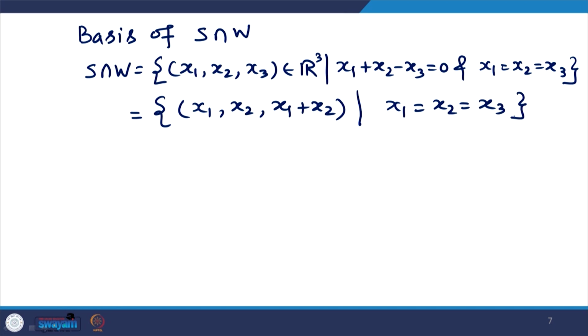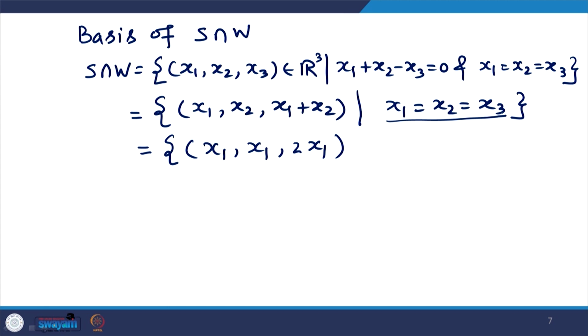So, if I take x1 equals x2, then I can write x1, now x2 equals x1, so x1 and then x1 plus x1 is 2x1. However, what do I need? I need all the 3 components to be equal.